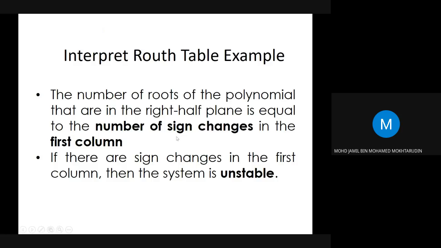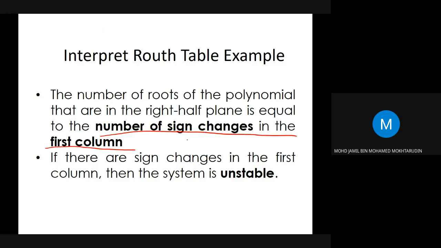Okay, so just now is how to generate the Routh table. Now, how to interpret the Routh table. The number of roots of the polynomial that are in the right half plane is equal to the number of sign changes in the first column. So after you fill in the table, you need to look at the first column and determine how many sign changes.